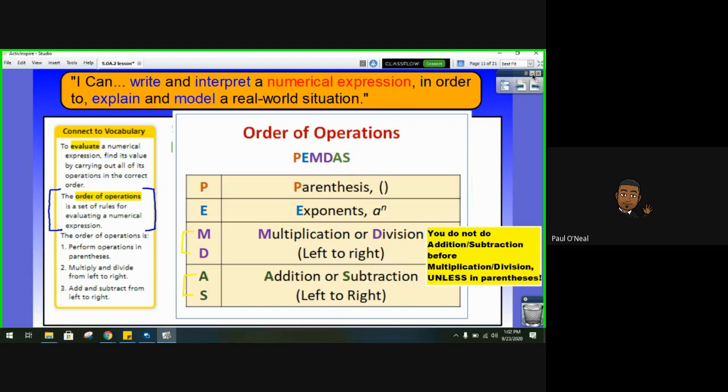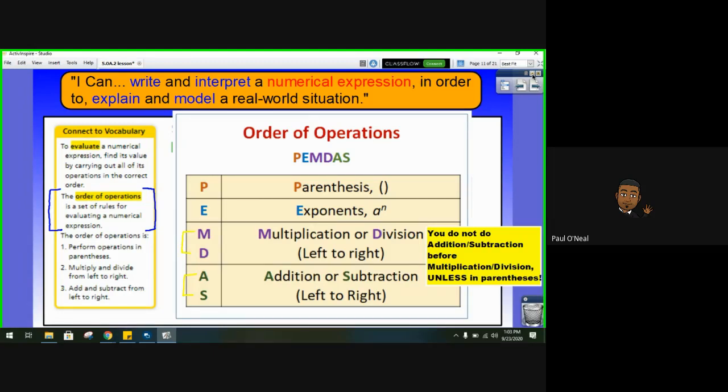However, and notice in the yellow there, it says you do not do addition and subtraction before multiplication or division unless it is in parentheses. That's the only time you would do that before multiplying or dividing. Other than that, if division comes before multiplication, you can divide.